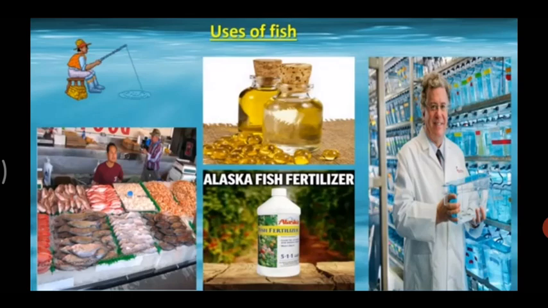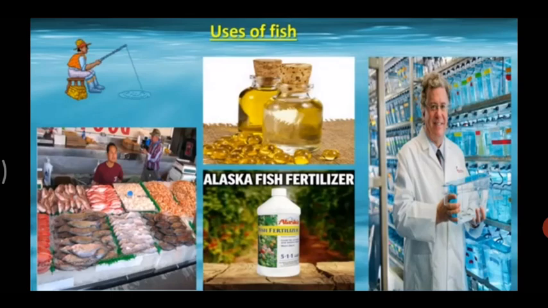Catching marine animals is a large scale activity in the world. It is one of the ancient occupations of human beings. The life of people from countries that have a coastline largely depends on the sea.